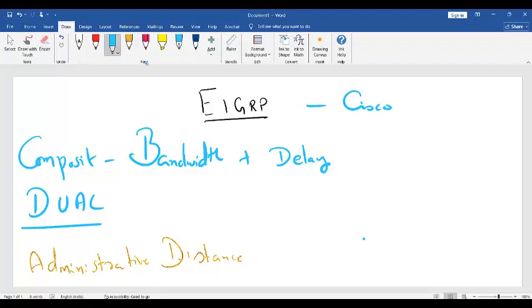The administrative distance of EIGRP is 90. 110 is for OSPF. We saw the administrative distance of RIP as 120. Now this is 90. Which one is preferred? EIGRP is preferred. Lower is preferred.